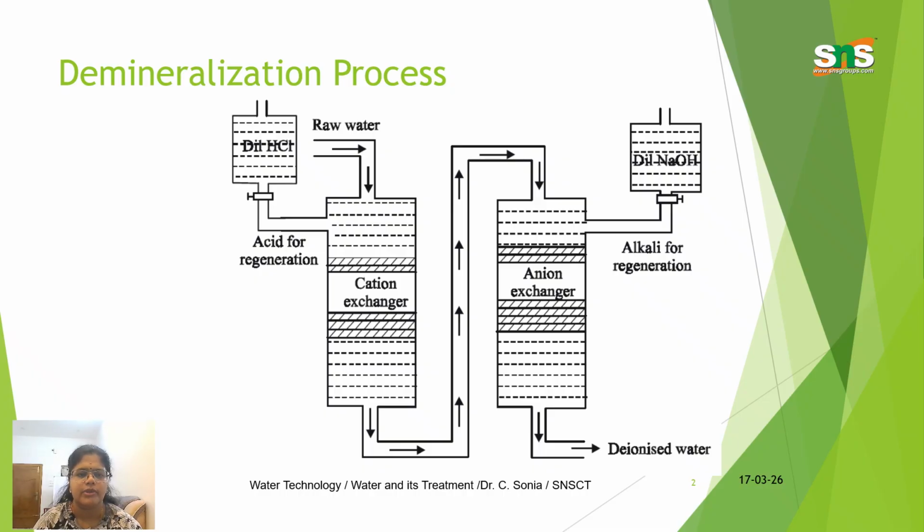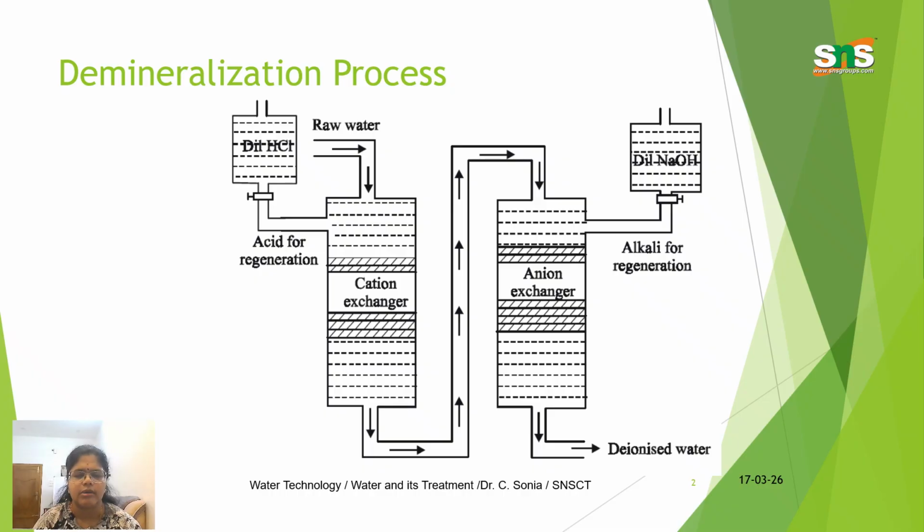These are present for the regeneration process, and the raw water is let first into the cation exchanger, where all the cations present in the water are exchanged, and it goes to the anion exchanger, where all the anions present in the water are exchanged.